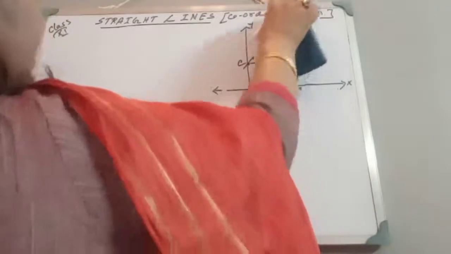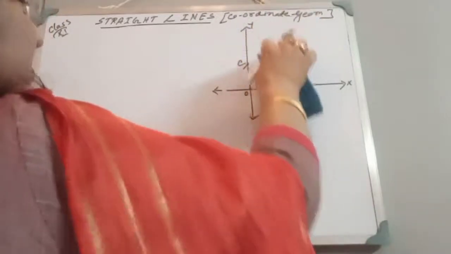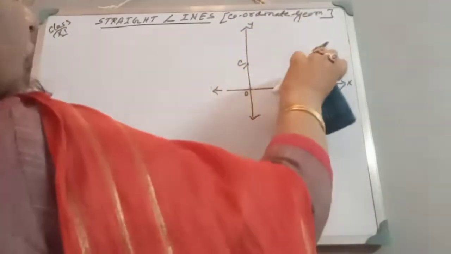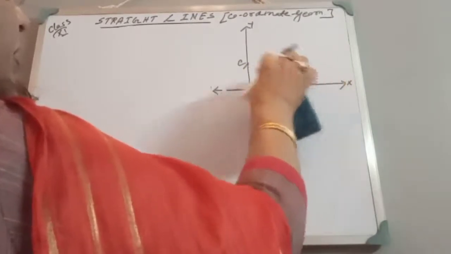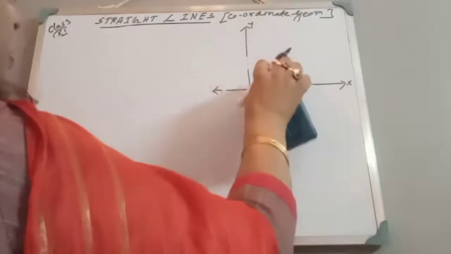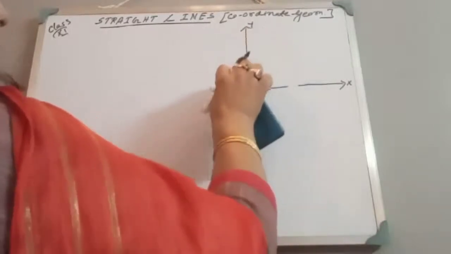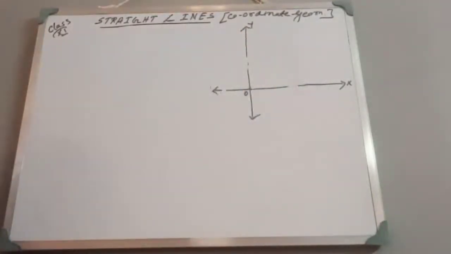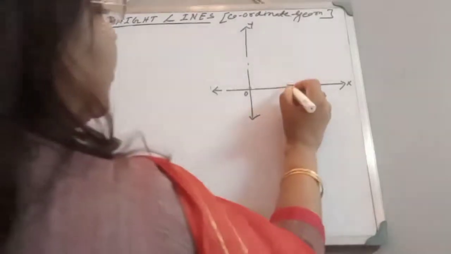Otherwise, the x', x and y axes we need to draw, so I won't draw repeatedly. The same diagram we can use. Okay. Now what is the intercept form?